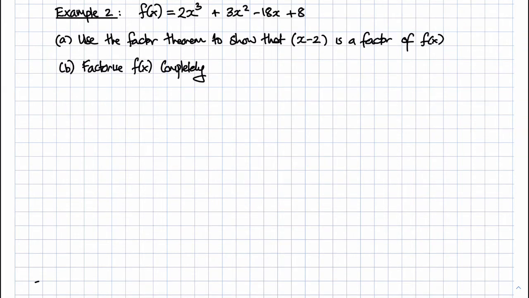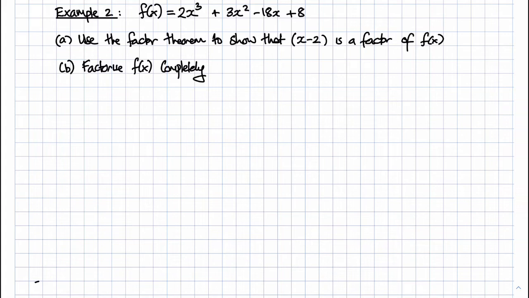So let's move on to example 2. In example 2, we're given a polynomial f(x) equals 2x cubed plus 3x squared minus 18x plus 8, and in this case we want to use the factor theorem to show that x minus 2 is a factor of f(x), and also we wish to factorize f(x) completely.